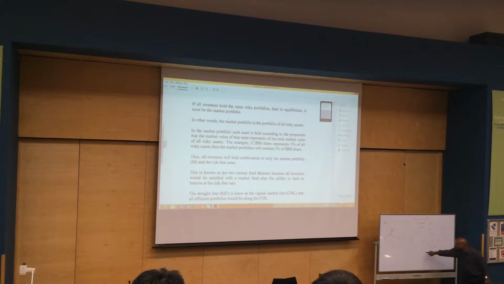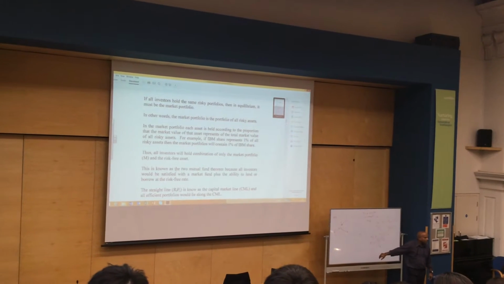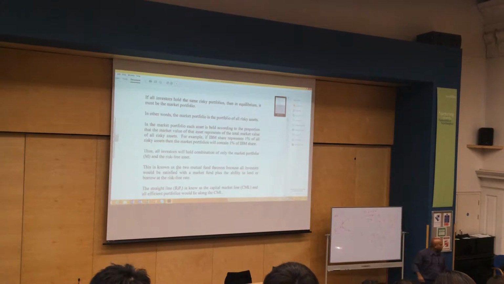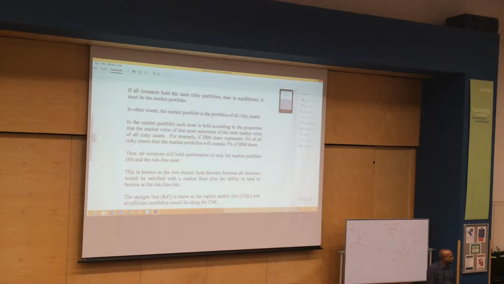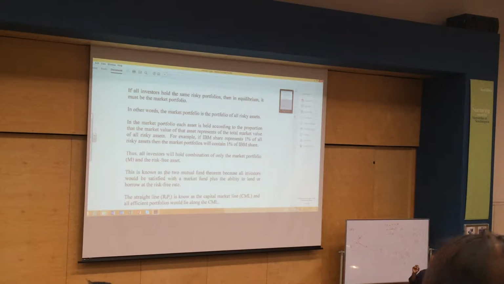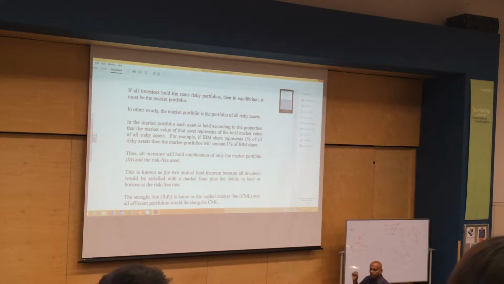Remember the weights, X. This is percentage. How much of stock A belongs there? How much of stock B belongs there? It will be based entirely on the market portfolio.